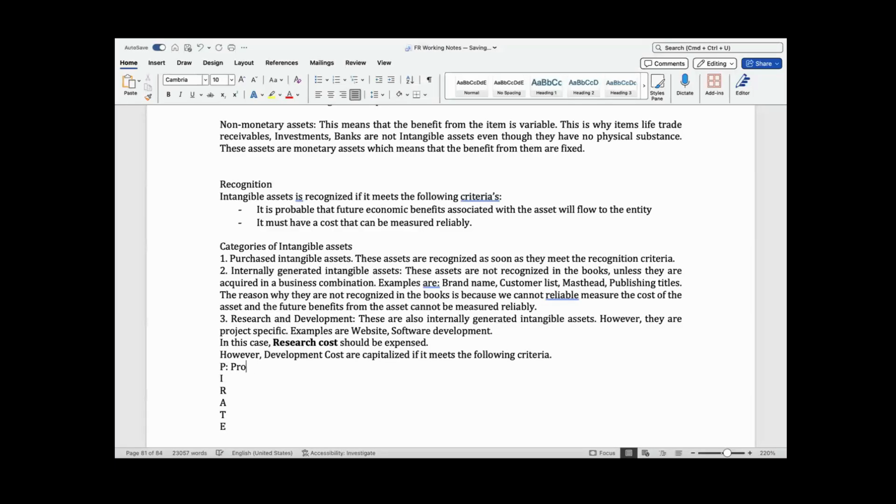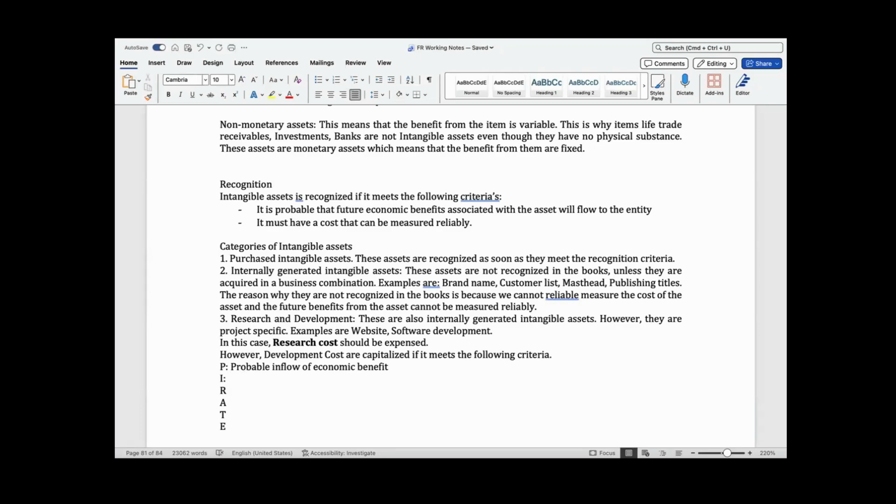The first one is probable inflow of economic benefits. So if it is probable that the asset can now generate money, then fine.